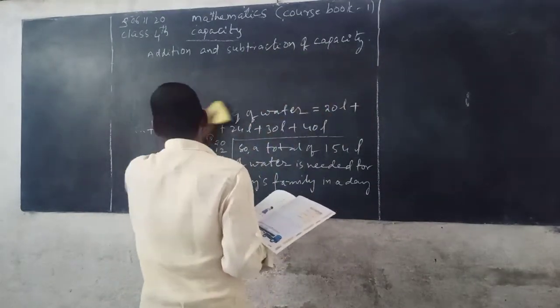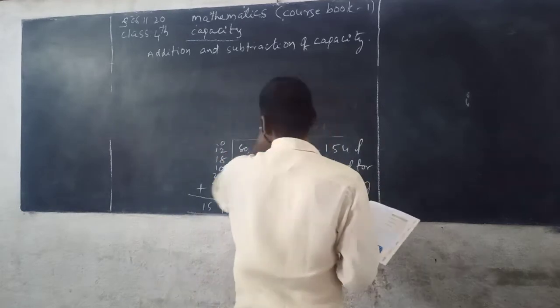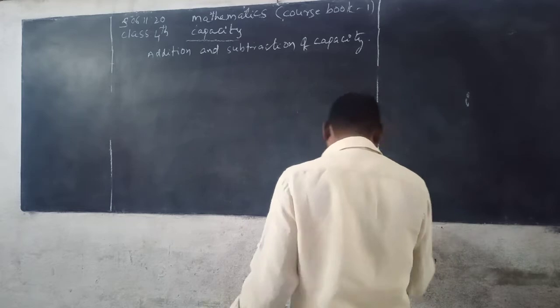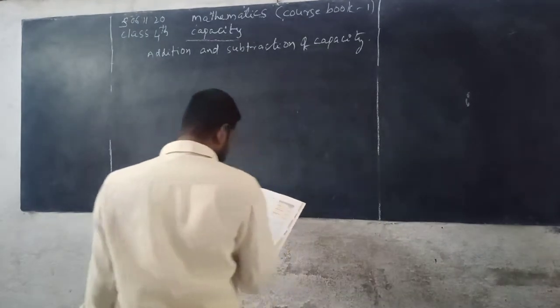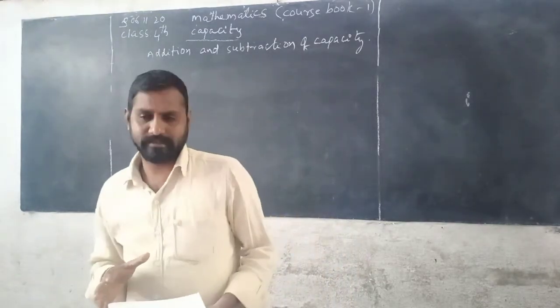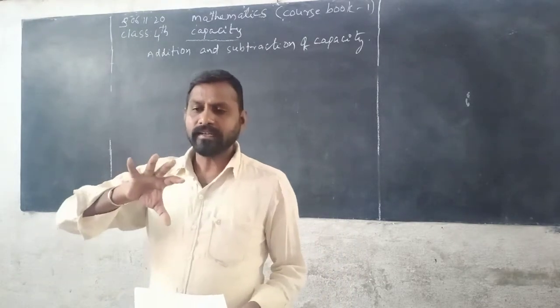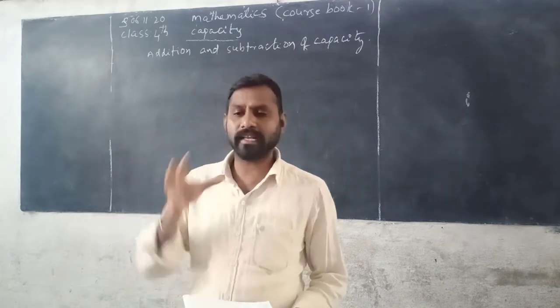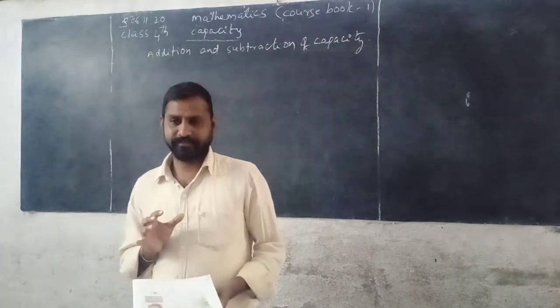The quantity of water in the tank. So 5000 liters of water. Now here write down the total amount of water in the tanker, means the capacity of the water tanker. The capacity of the water tanker is 5000 liters.